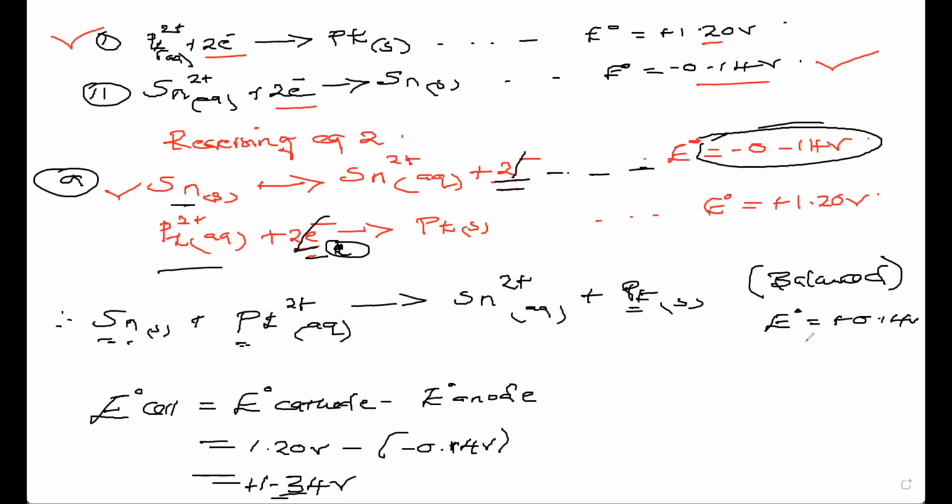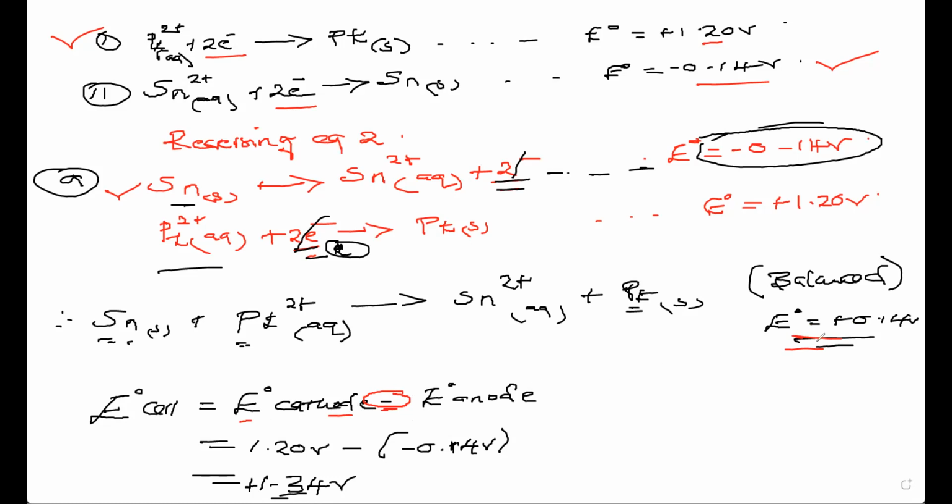So if you are working with this standard reduction potential, which is the reversed one, when you come to this formula for E cell here, where there is a negative here, when you want to work with this reversed one, you add instead of subtracting.